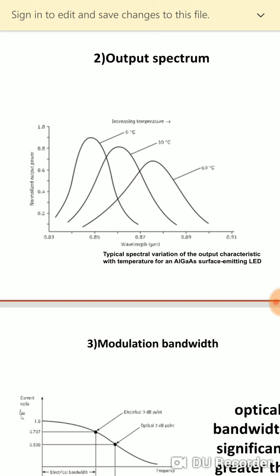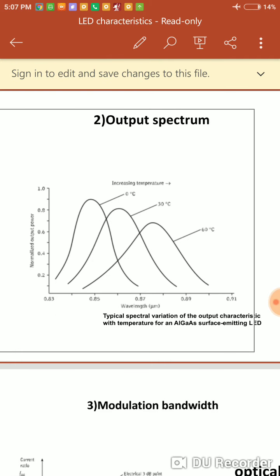It is a graph of how much power is emitted by the particular optical source with respect to its wavelength. As with an electrical signal we graph voltage or power with respect to time, here the output spectrum of the signal is the graph of its power emitted with respect to wavelength, considering the wavelength ranges.